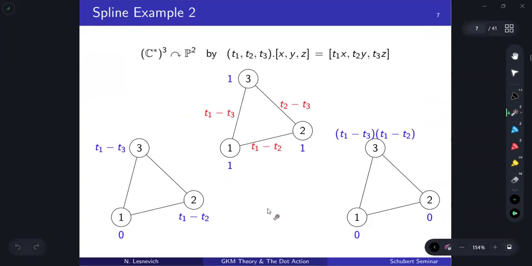What does this look like for the other one that I showed you, right? If I have C3 acting on P2 the way we saw before, well, we can always put the constant spline, ones everywhere. That's going to work. I have this homogeneous degree 1 spline over on the left and this homogeneous degree 2 spline over on the right.